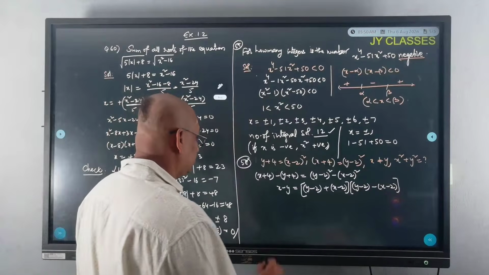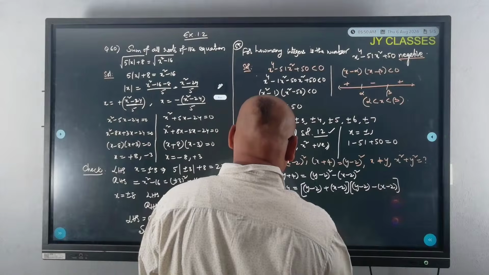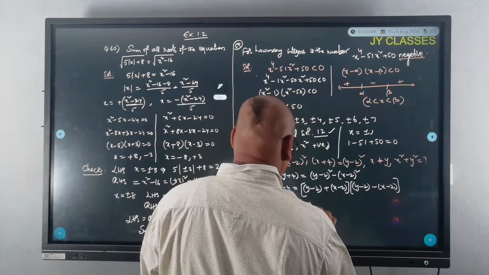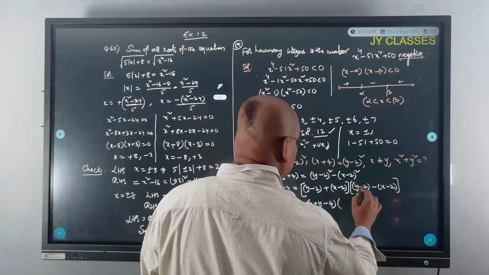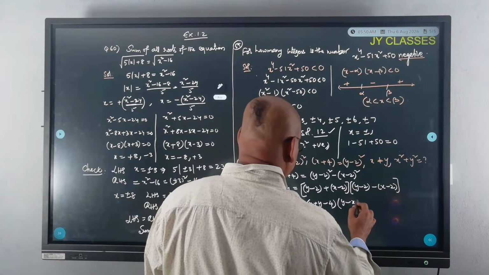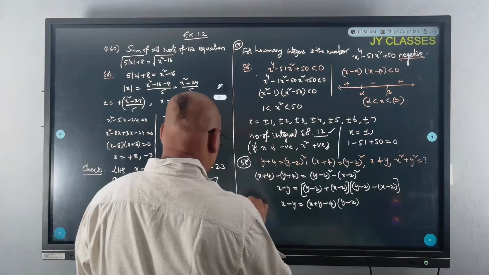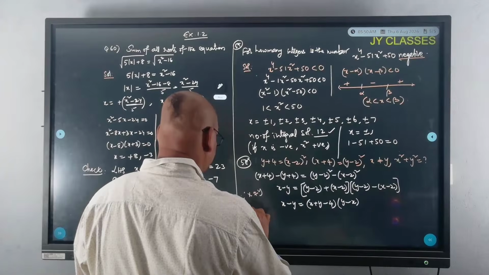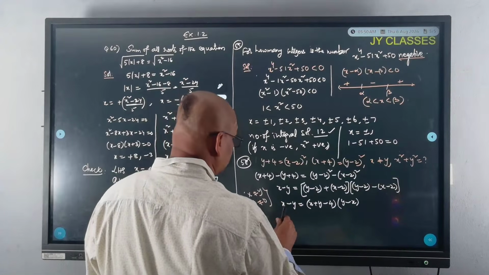Okay. So here x minus y is equal to x plus y minus 4 into y minus x. x not equal to y is clearly given. So x minus y not equal to 0.